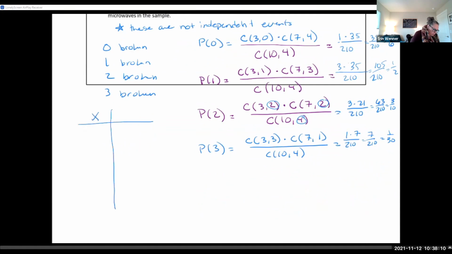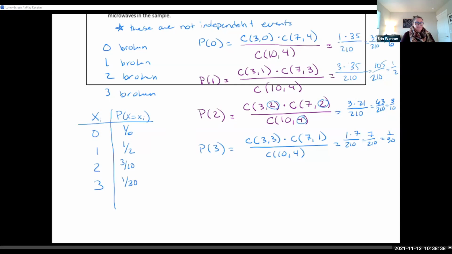So we have x, which would be our outcome, and our possible outcome is 0, 1, 2, or 3 broken. The probability of that happening, which we denote as x equals xi, again, the probability of 0 is 1/6. The probability of 1 is 1/2. Probability of 2 is 3/10. And the probability of 3 is 1/30.